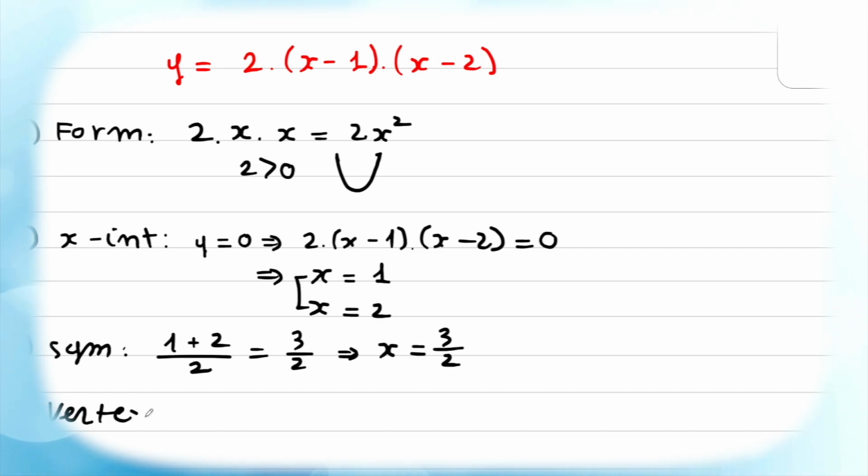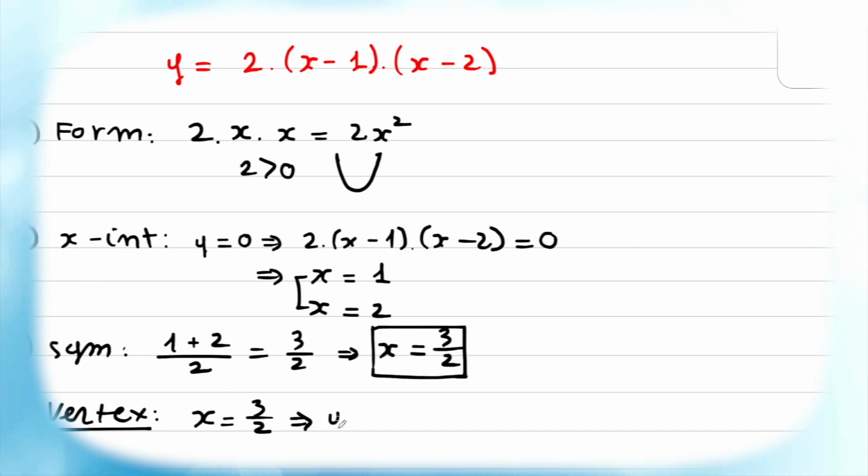We have the vertex. For this vertex, you substitute the value of the symmetrical line, meaning the value in here. Substitute this one, and then you will get y equal to 2 multiplied by (3 over 2 minus 1) and (3 over 2 minus 2).